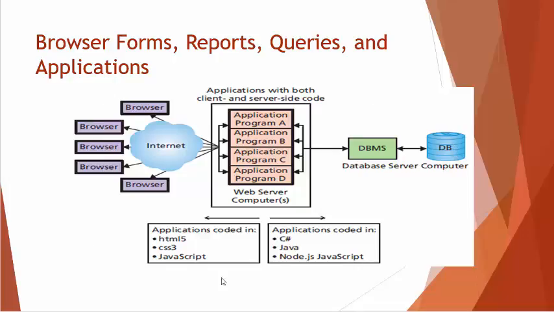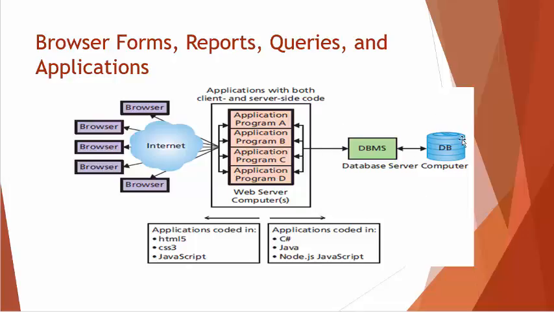Then notice that depending on the type of software we're using and where in this entire process the entities are, you might have different types of code. So out here under browsers and the internet, you have the use of HTML5, CSS3, which is cascading style sheets, and JavaScript. So someone who wants to work on this side of an application would need to know these applications.